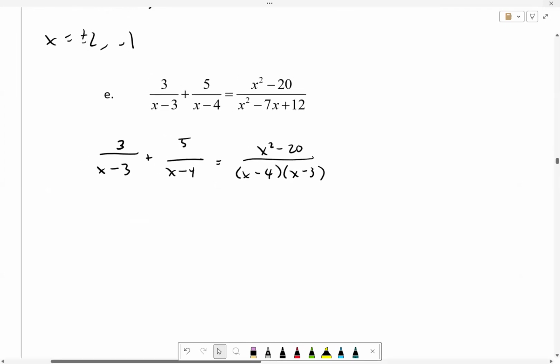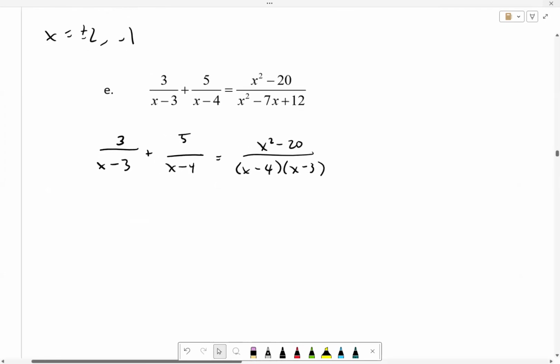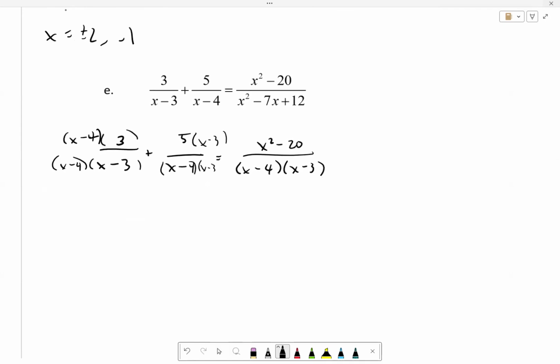Okay, so then you're going to multiply 3 over x - 3 by x - 4, top and bottom. So we have that common denominator. Now, since all the denominators are the same, we kind of ignore them now? Kind of.